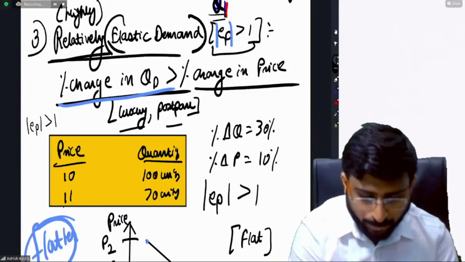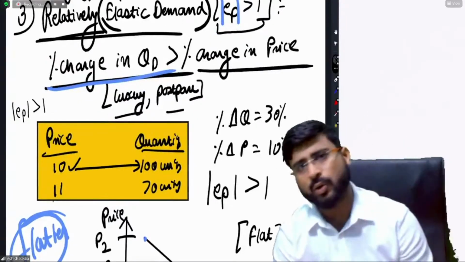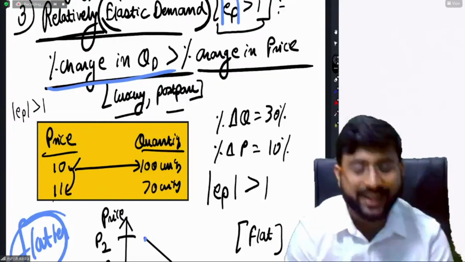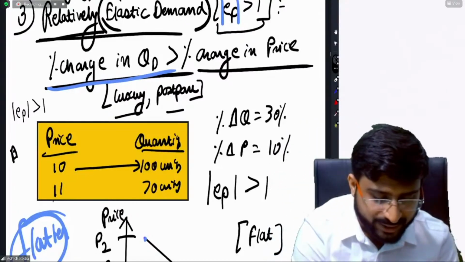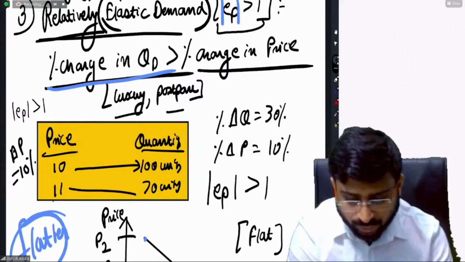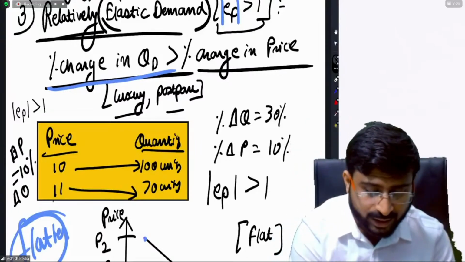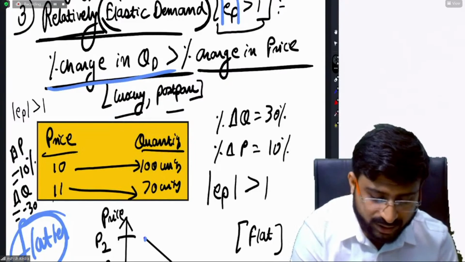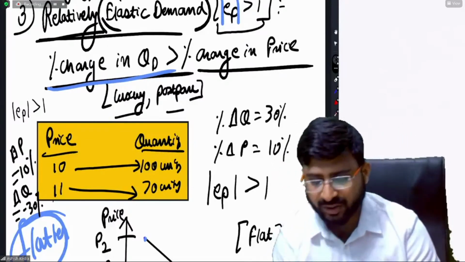So suppose price of a commodity was 10 rupees. Quantity demanded was 100. Suppose price increased by 10%. So demand has fallen to 70. So the change in quantity is by how much percentage? 30 percent.